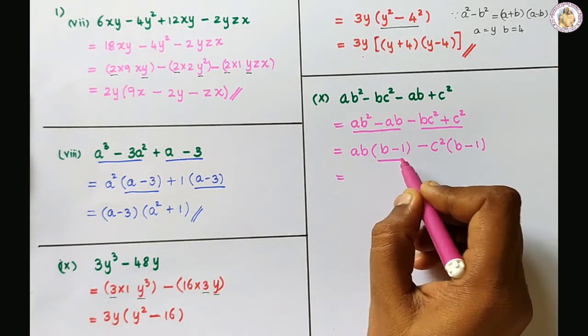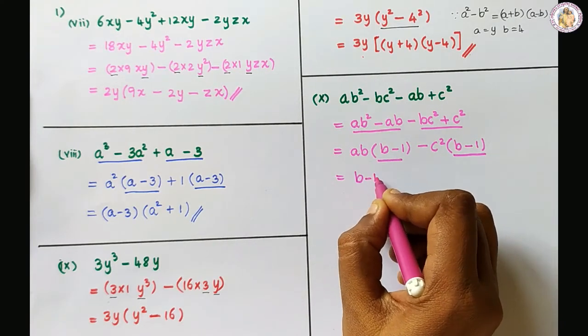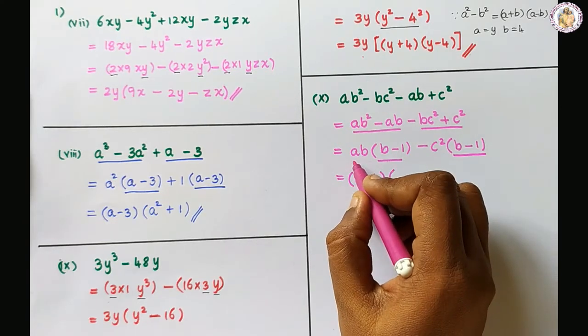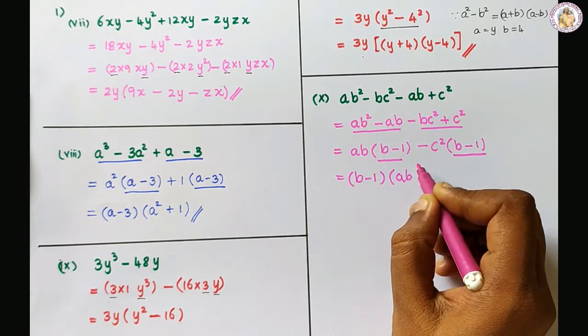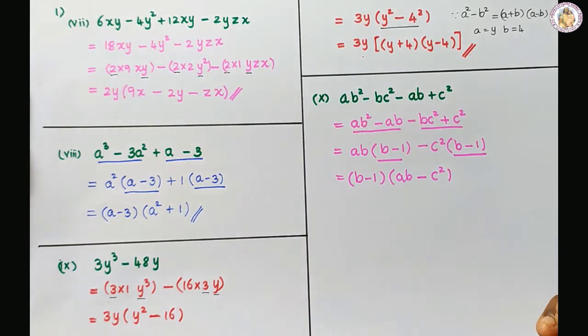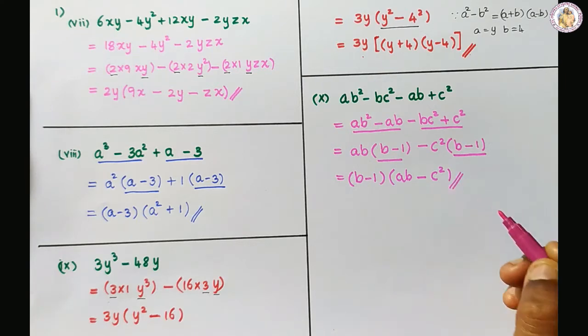Now b minus 1 is common here, so take out b minus 1 again. Now the balance here is ab minus c squared. That is the answer.